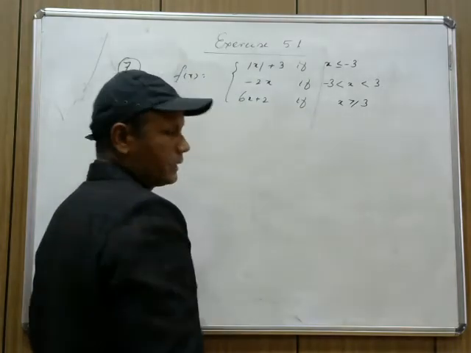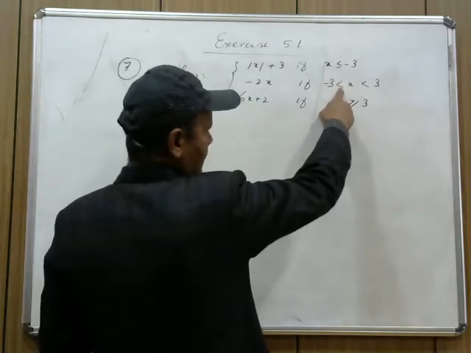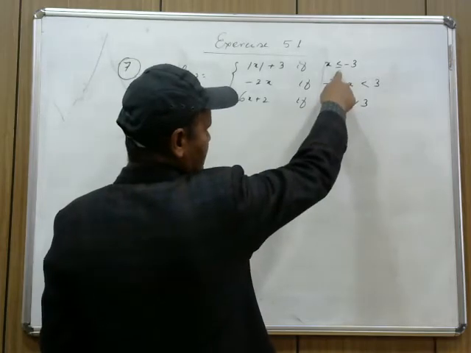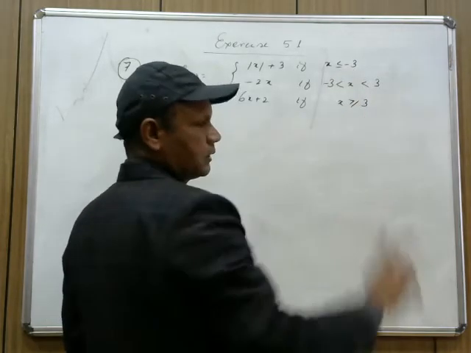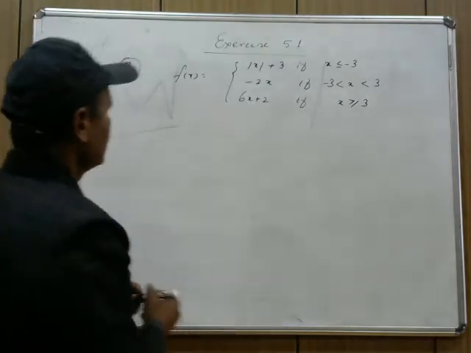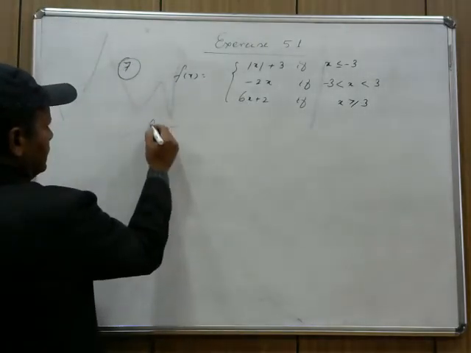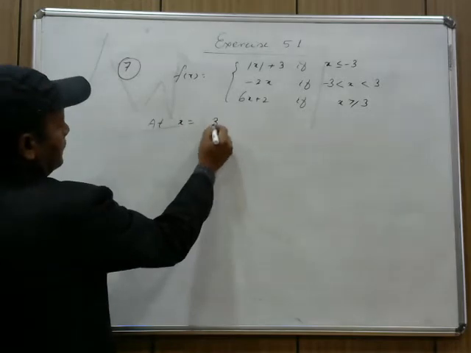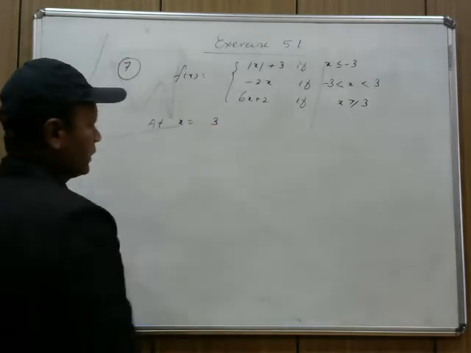If I check for minus 3, x is greater than or equal to minus 3 and x is less than or equal to minus 3. Both the numbers are there on which I can check. Therefore, first I will check at x equal to 3.